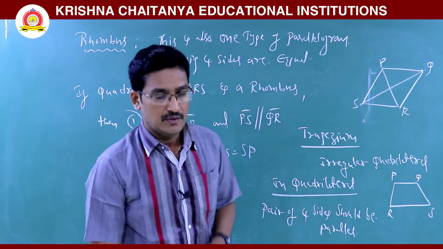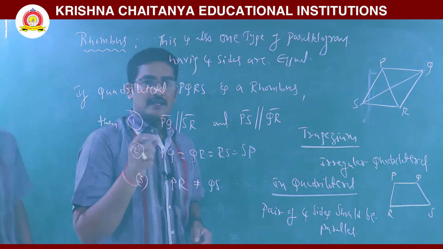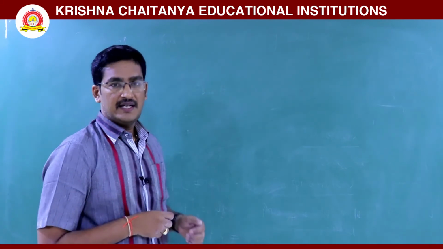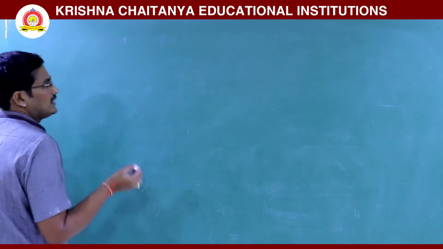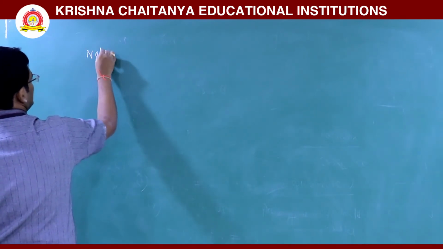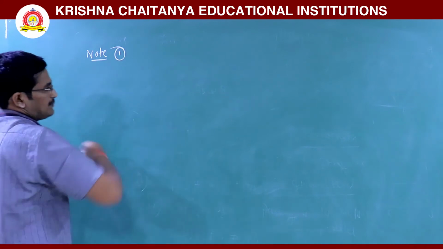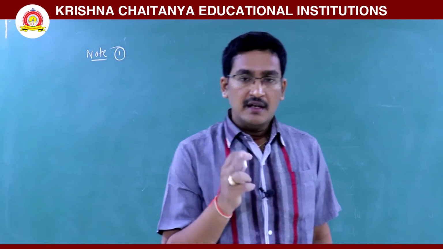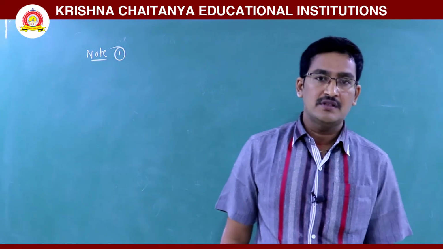Okay, good. So, what are the common properties of these quadrilaterals? Let me explain now. Let me get into a note point here. Note point 1. Suppose you take any quadrilateral which is regular, not irregular.